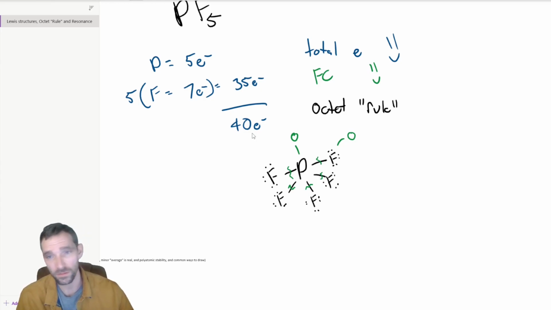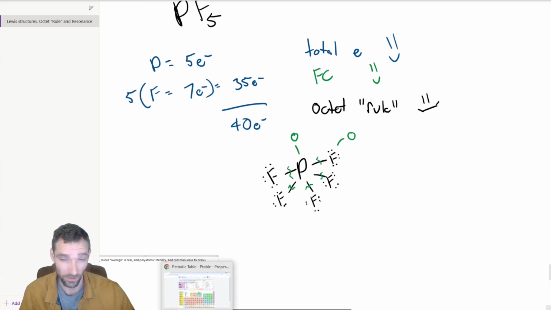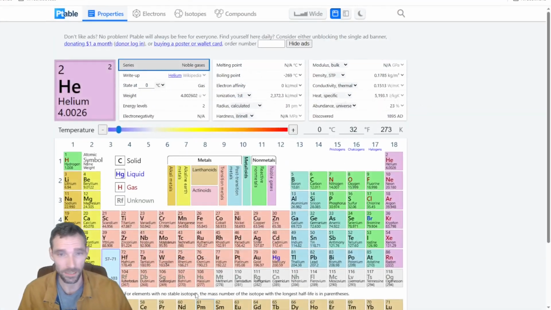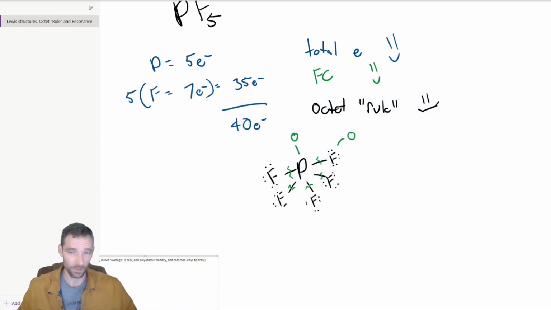Now the octet rule here is being broken for phosphate, but that's okay. I'm not the most thrilled about this, because if we could follow the octet rule, that would be great. But because of it being in this 3rd energy level, there's more room for more orbitals. So you can have those d orbitals being used, and you can put electrons in there to hybridize and form bonds.